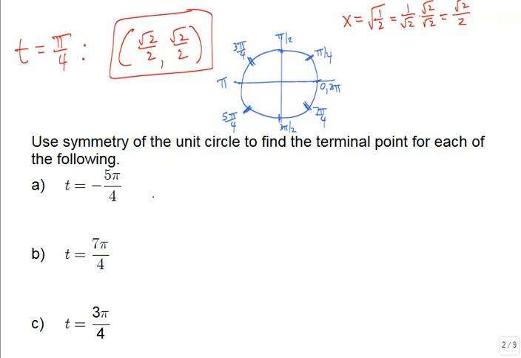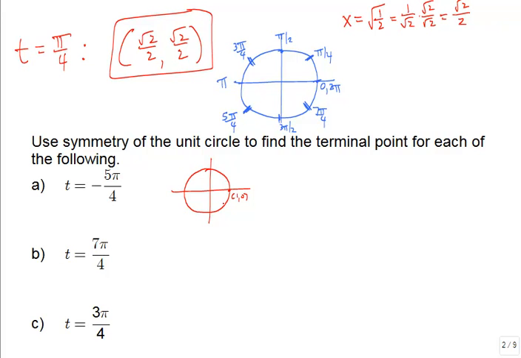So if I want my t to be 5 pi over 4, but I want it to be negative, then that means I want to be going from the point 1, 0, and I want to be going clockwise a distance of 5 pi over 4. So instead of going this way around, we're going to want to go this way around.